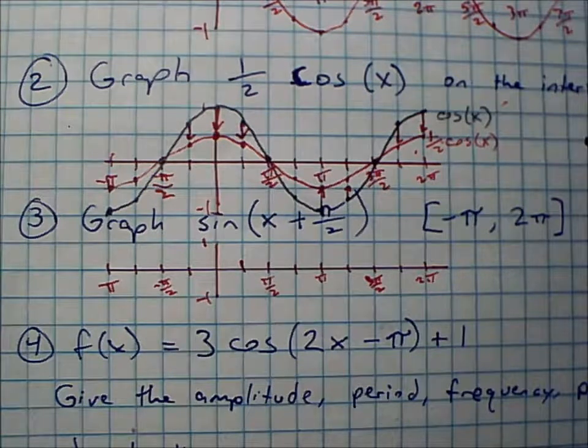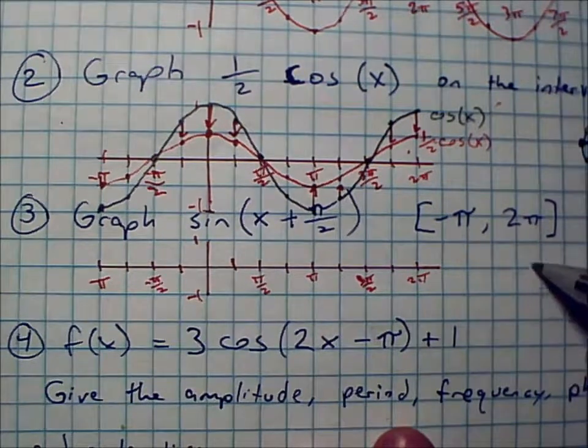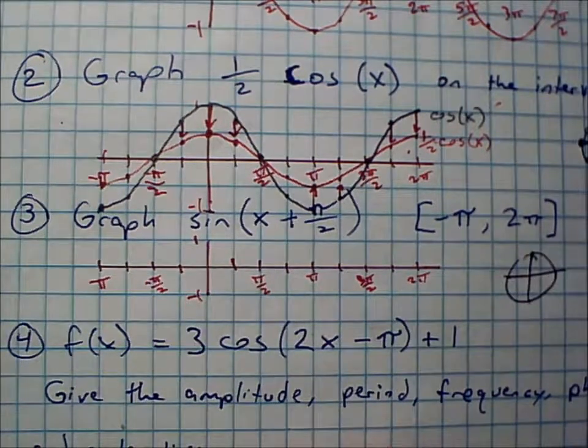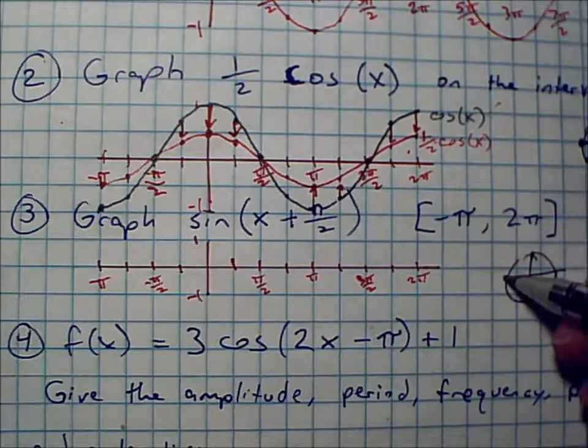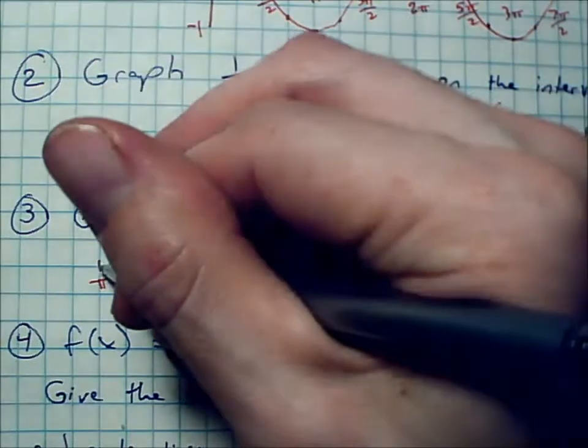Now, I'm going to start by graphing sine of x in black. Here's a visual aid to help me graph this. So, let's start at negative pi. Sine of negative pi, sine's the y value, so it's going to be 0.